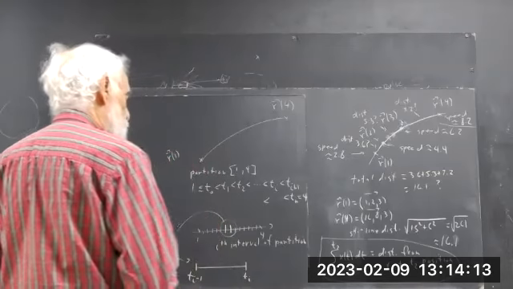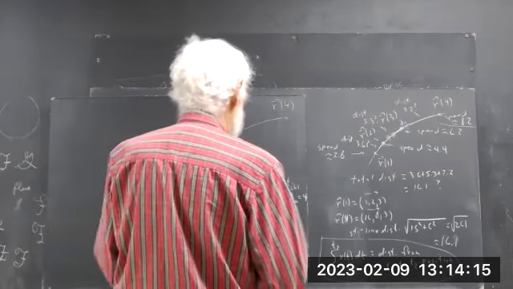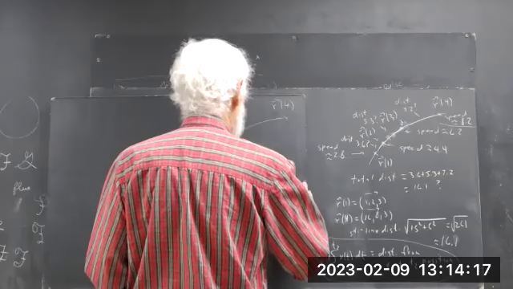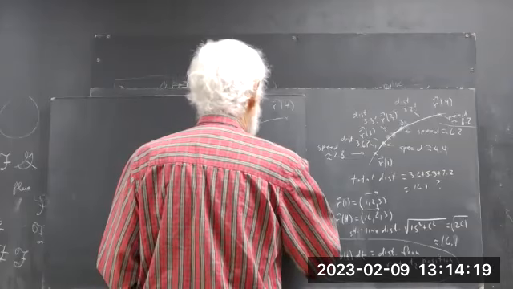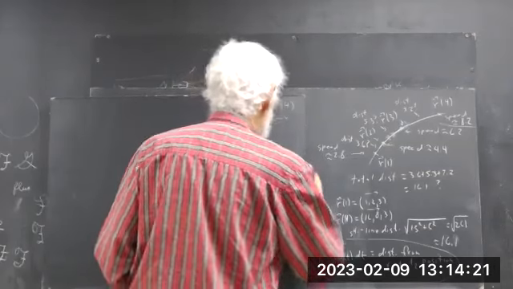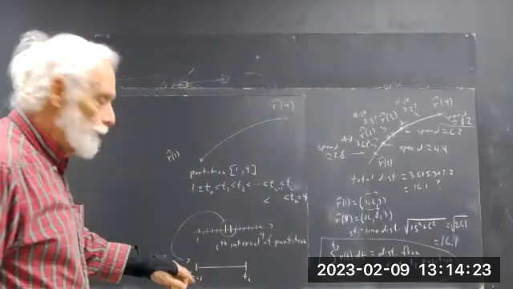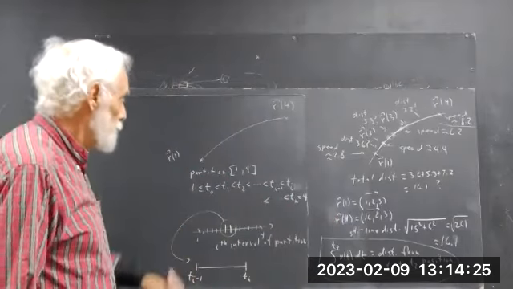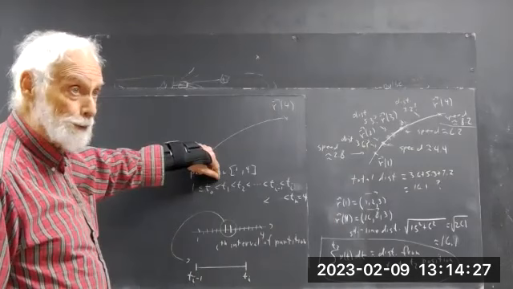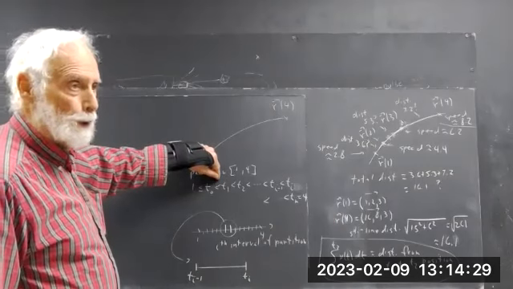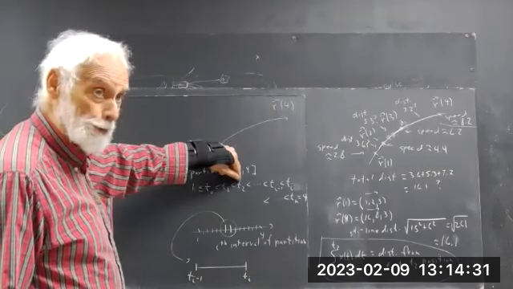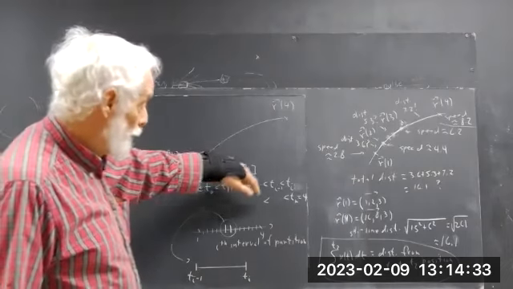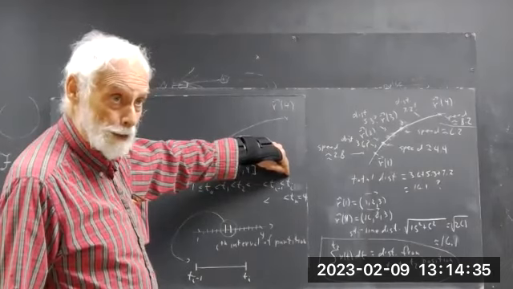Actually, it's t(i-1) to t(i). That's what I should have done up here. The first interval goes from t0 to t1. Interval number 1 ends at t1. Interval number 2 ends at t2. Interval number i ends at t(i), whenever t(i) happens.